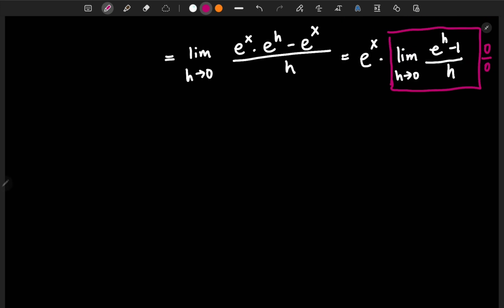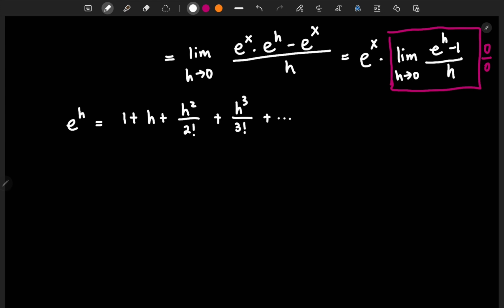So the Taylor series for e to the h around h equal to 0 is e to the h equal to 1 plus h plus h squared over 2 factorial plus h to the third over 3 factorial, etc.